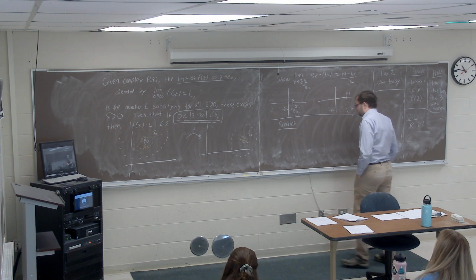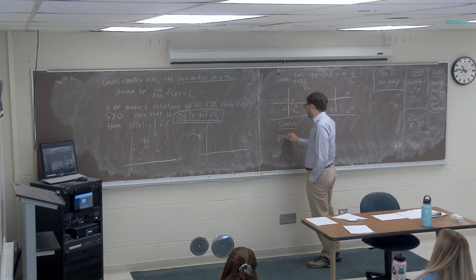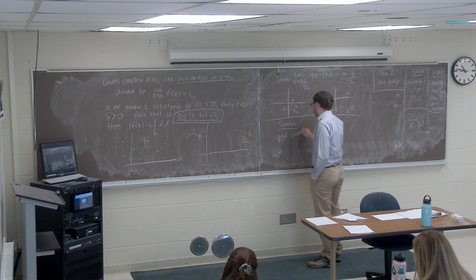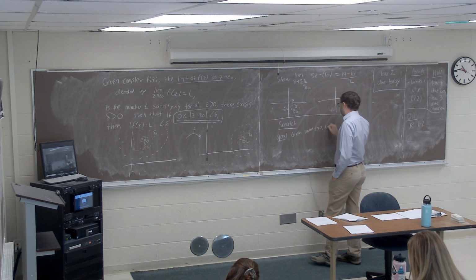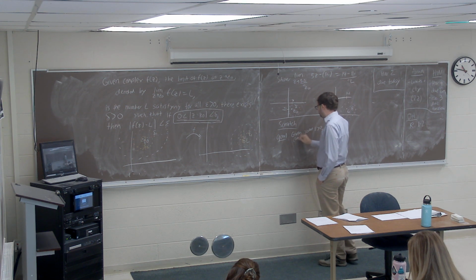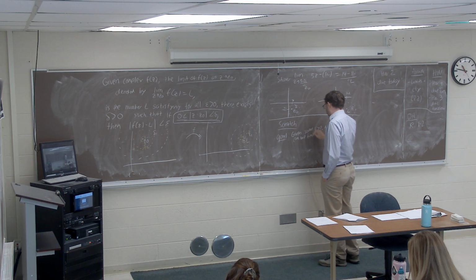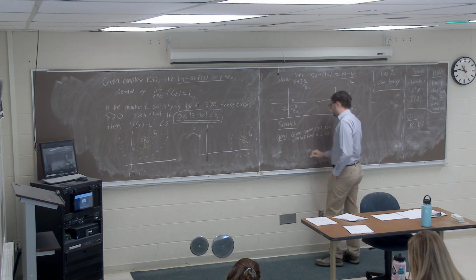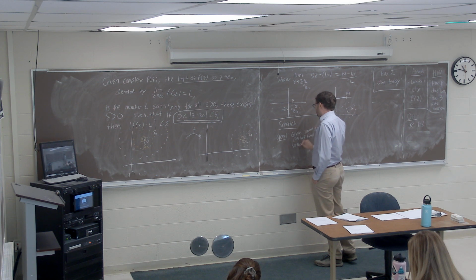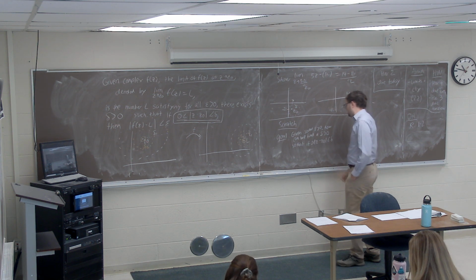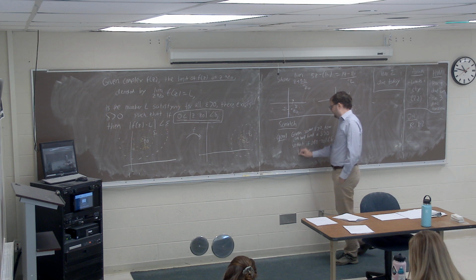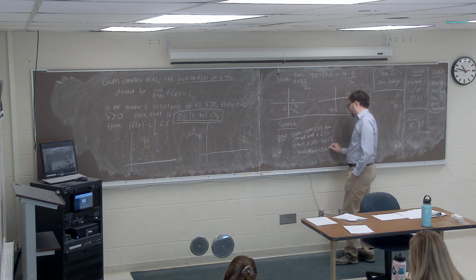So our scratch work is going to have a goal of saying given some epsilon greater than 0, how can we find a delta greater than 0 so that if the distance from z to z naught is between 0 and delta, then the distance from f of z to L will be less than epsilon.